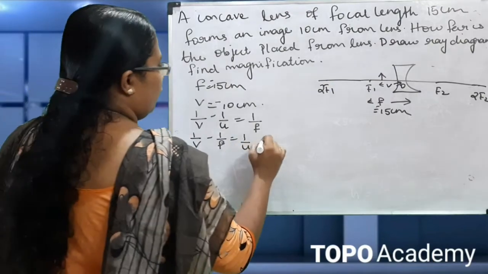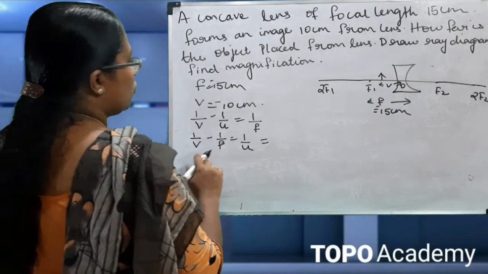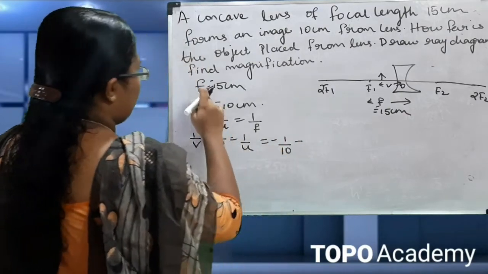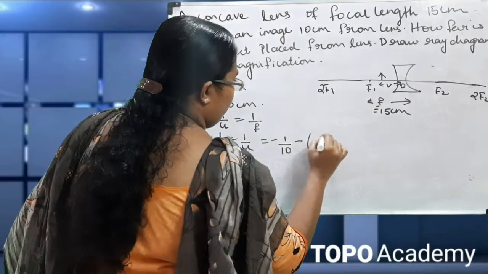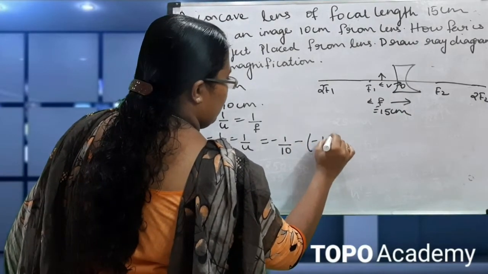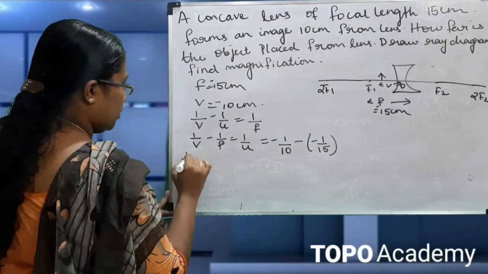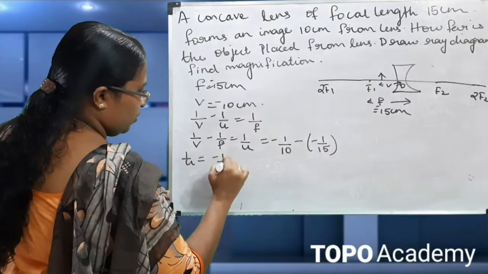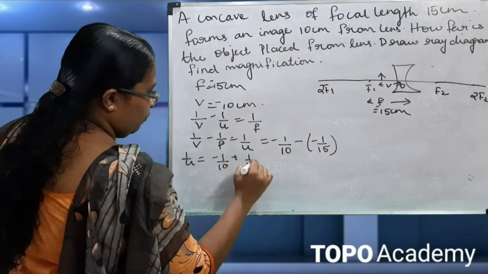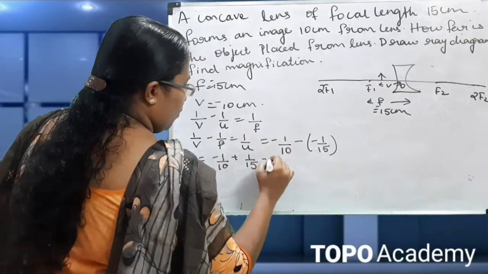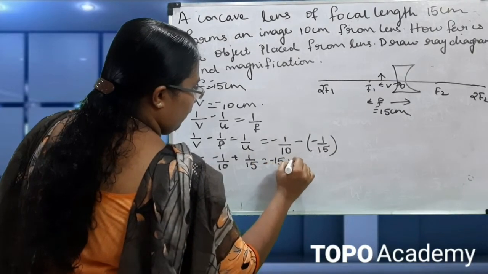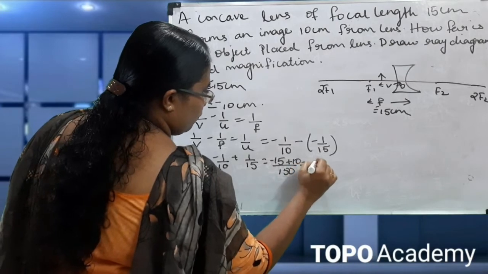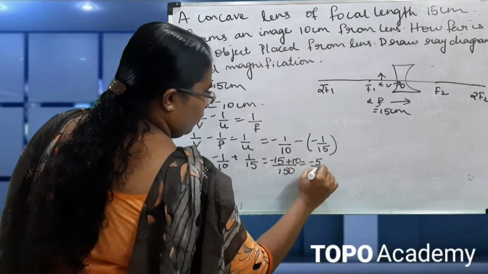So what is the value of V? The value of V is minus 1 by 10, minus of the focal length, minus 1 by 15. So 1 by U is equal to minus 1 by 10 plus 1 by 15, which is equal to minus 15 plus 10 divided by 150, which is minus 5 divided by 150.